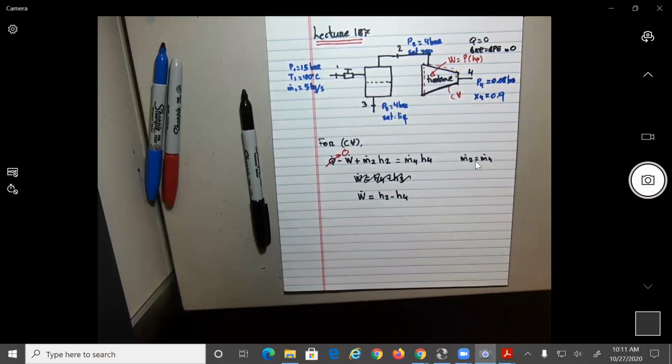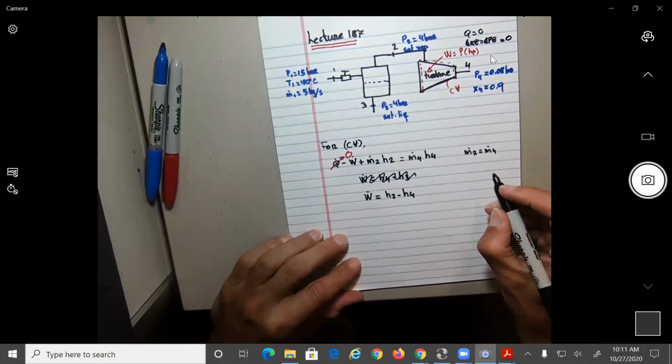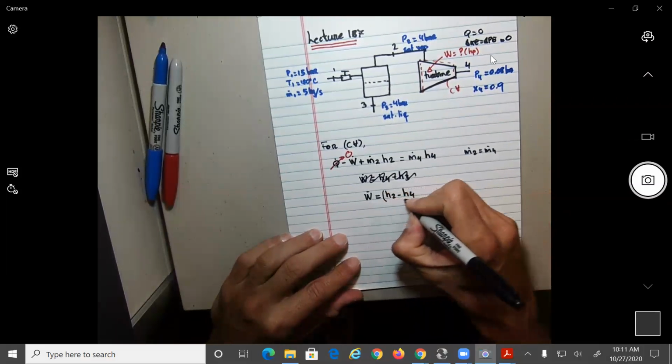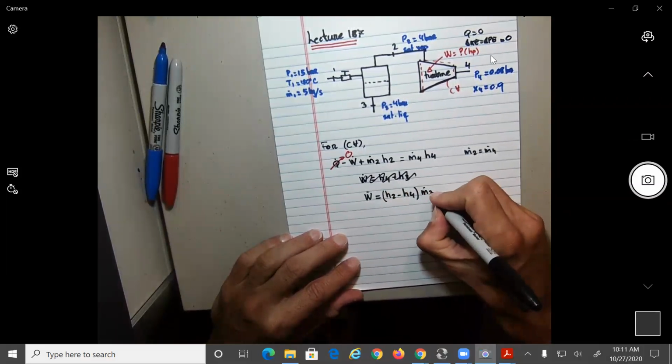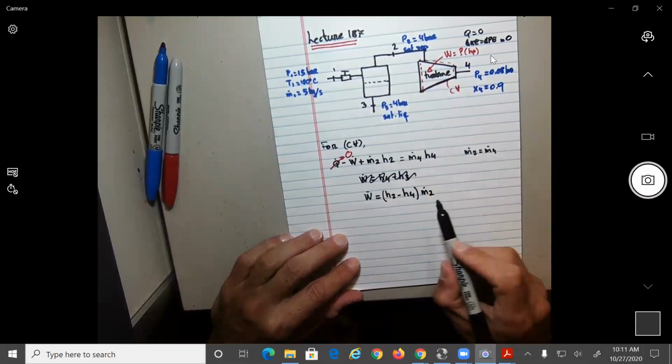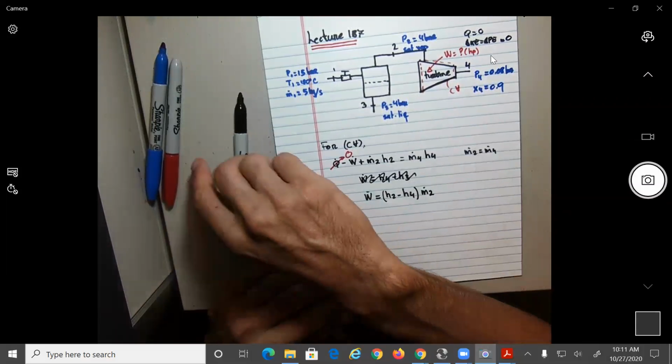They are equal, but we need to find it, okay? That's exactly what I was saying. Sorry for that. I was trying to think ahead. So this will be equal to this, and then we have M2, no? Because M4 equals M2, so this one would be H2 minus H4.